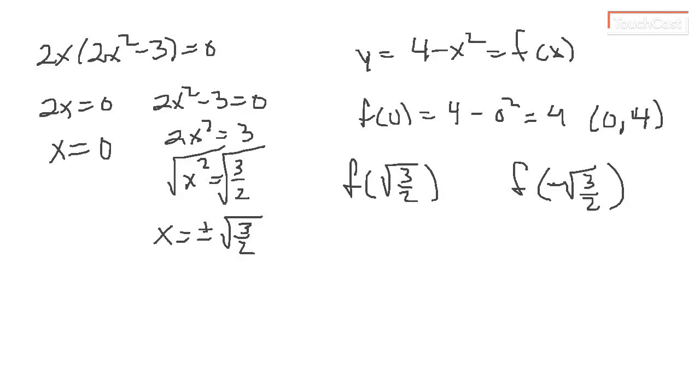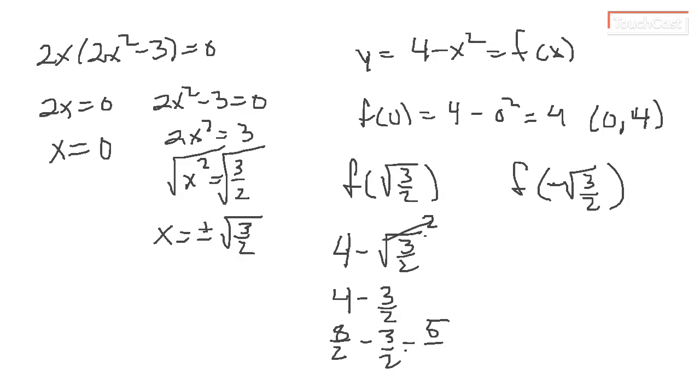Doing that, we would have 4 minus the square root of 3 over 2 squared. The square and the square root cancel each other out. So 4 minus 3 over 2, we can rewrite that as 8 over 2 minus 3 over 2, which is going to be 5 over 2.